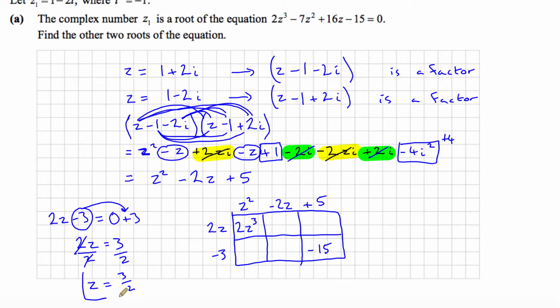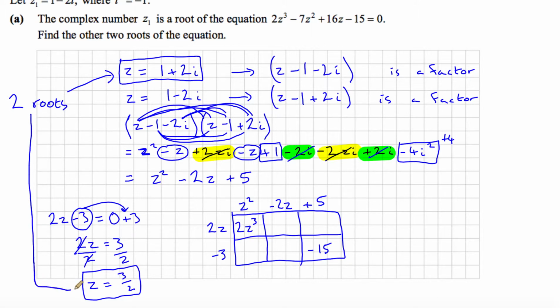So z equals 3 over 2 is one answer, and z equals 1 plus 2i is the other answer. They're the other two roots that I was looking for, so I'll just make that clear. The two roots are here and there.